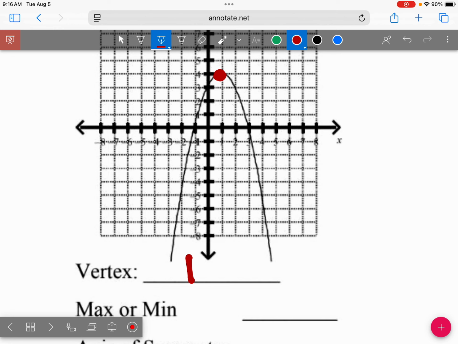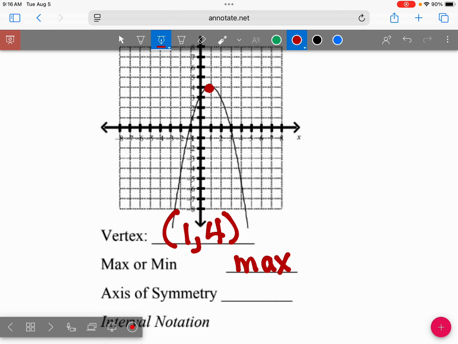So we're going to put 1, 4. Nikeen, is that going to be a minimum or a maximum? Is that the highest point or the lowest point? So that's going to be our max. So our axis of symmetry, we're going to use this number. So that means my axis of symmetry would be x equals 1.